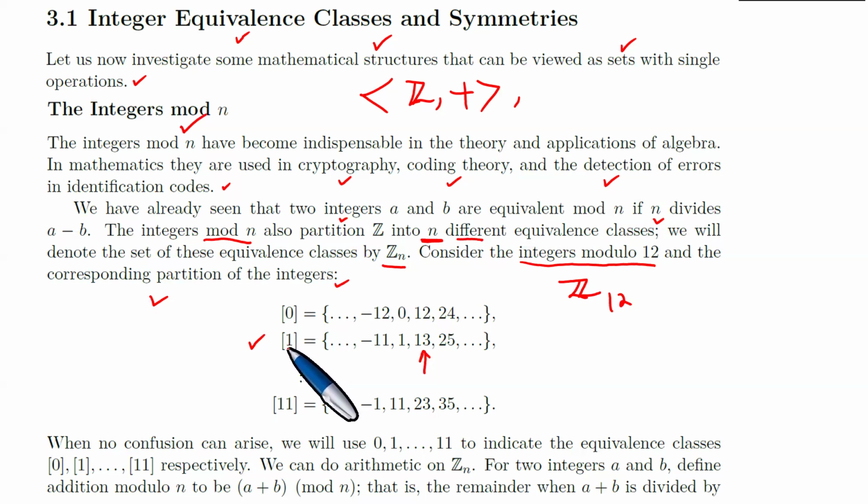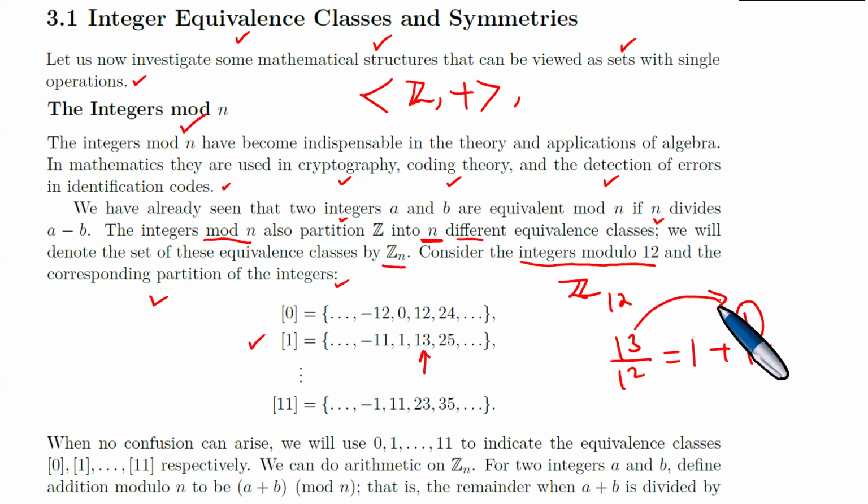So these sets are sets of remainders after division by 12. 12 goes once, but we're looking at the remainder. The remainder is 1 out of 12, and therefore 13 is equivalent to 1 modulo 12.